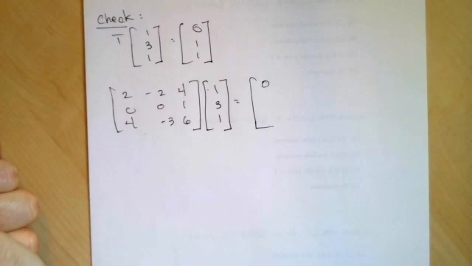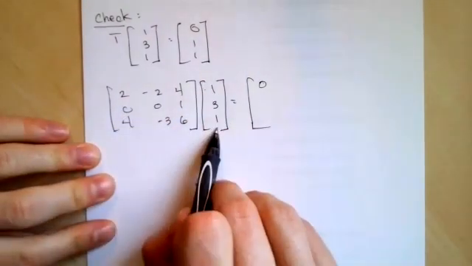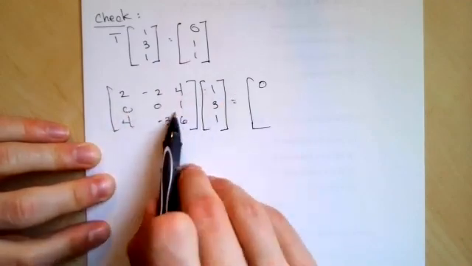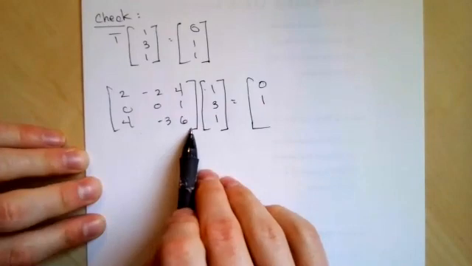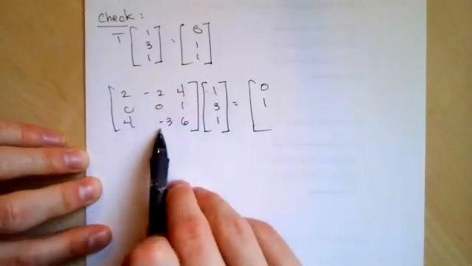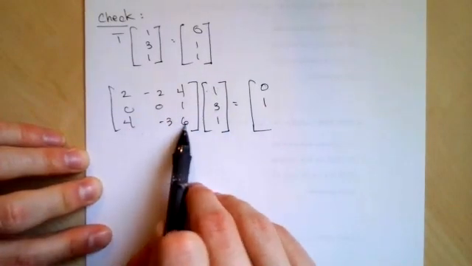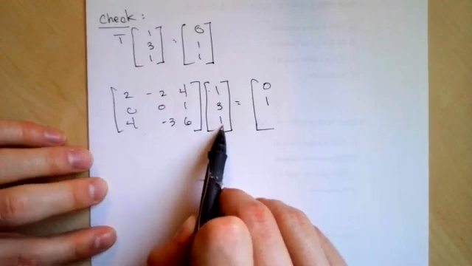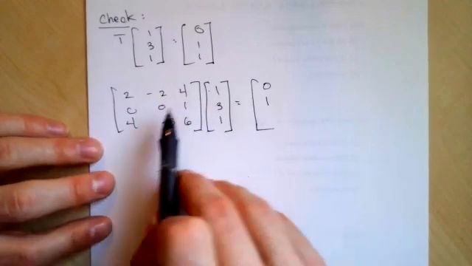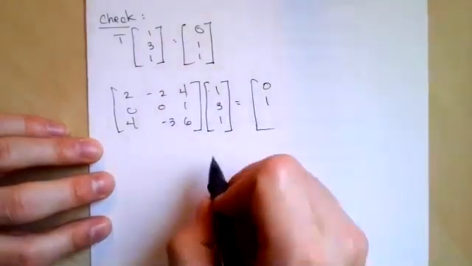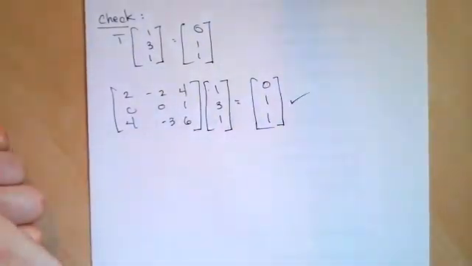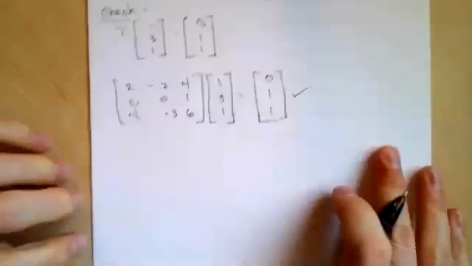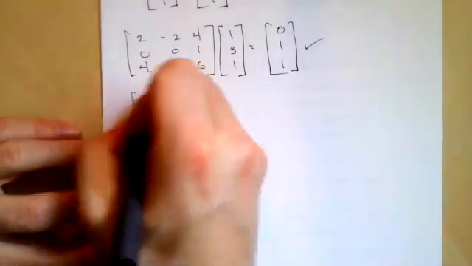So 2 plus 4 minus 6. 0, 0, 1 times this vector will give us 0 plus 0 plus 1. That's good. And then 4, -3, 6. What's that going to give us? It's going to give us 4 minus 9 plus 6. So 4 minus 9, negative 5 plus 6 gives us 1. So that one works.